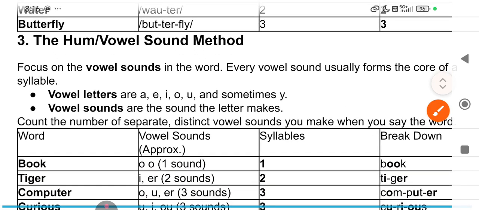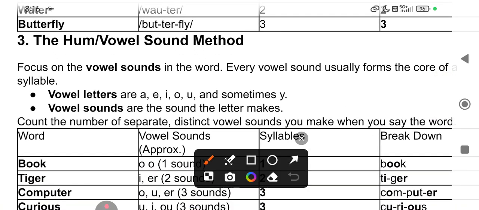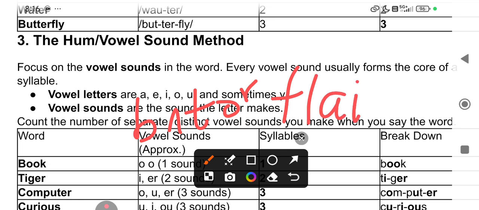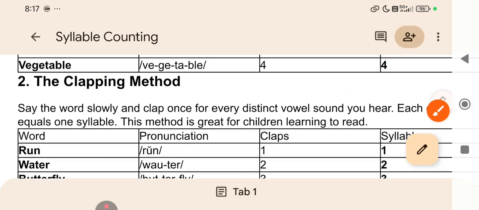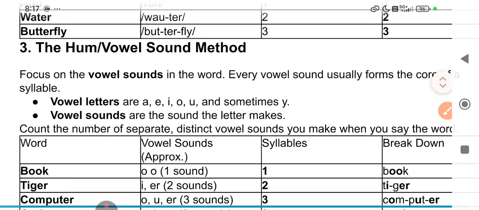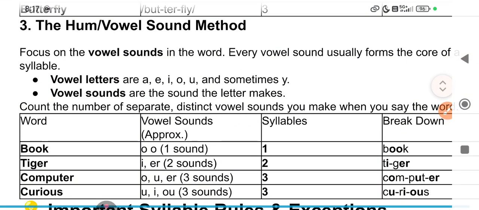Then butterfly. So that's number one, two, and this is three. Three syllabic word. So another method is the clapping method, right? You can make a clap.